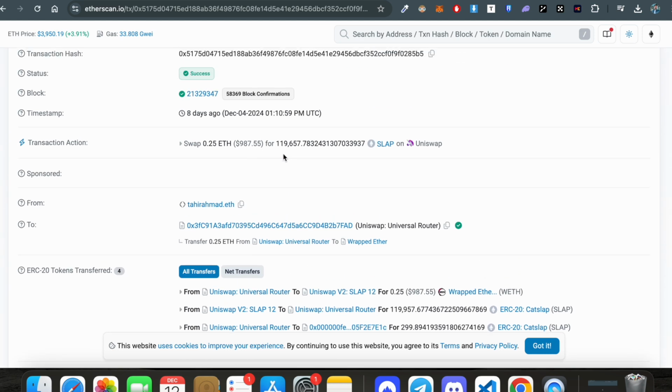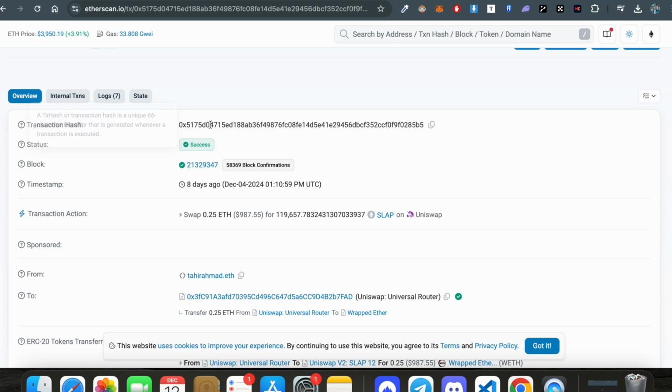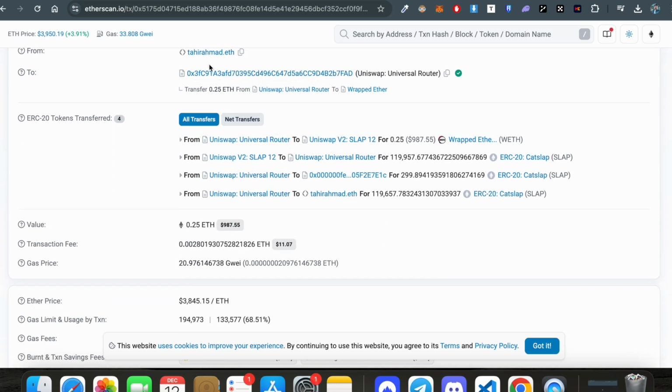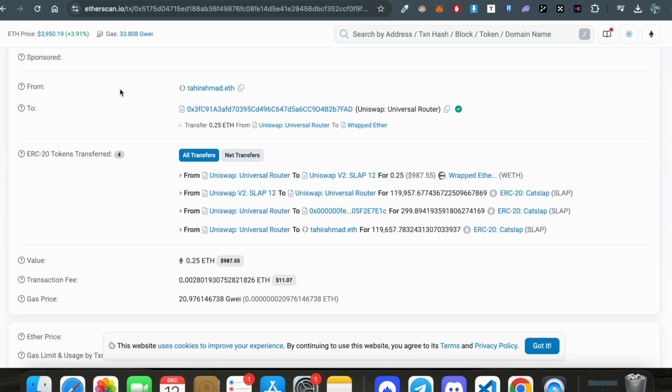So let me summarize it very quickly. Transaction hash, status, block, timestamp, what is the action of transaction, from which, like who started, who executed, who initiated this transaction, and to is where he initiated, whether he interacted with the contract, whether he transferred some value to other address.